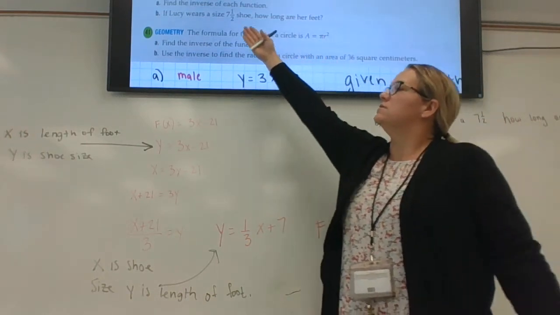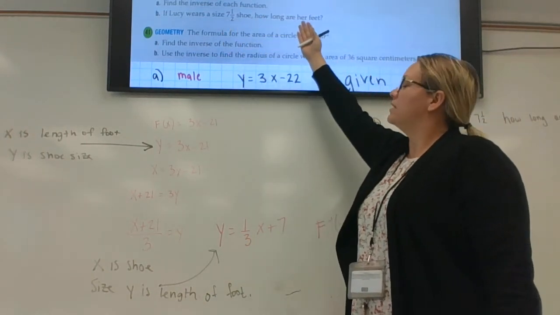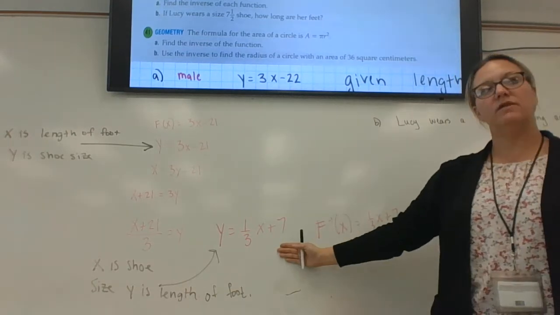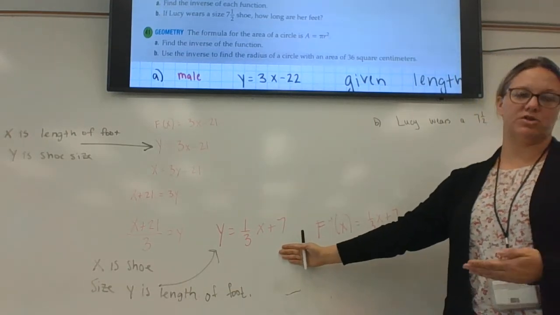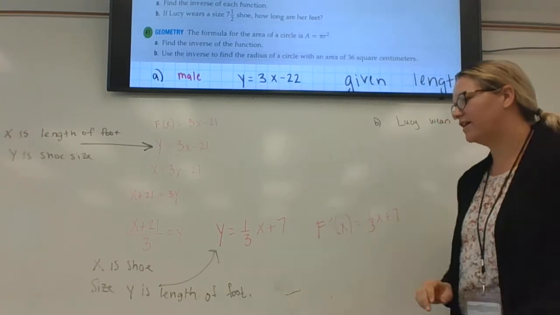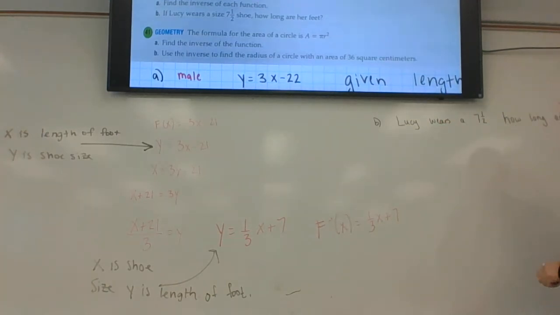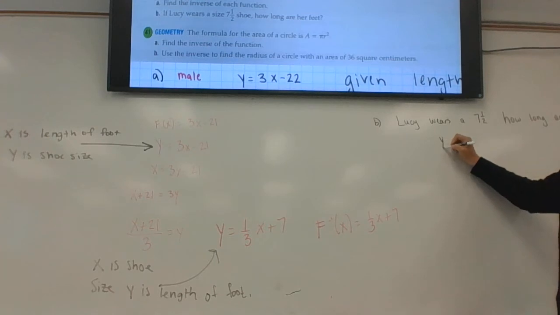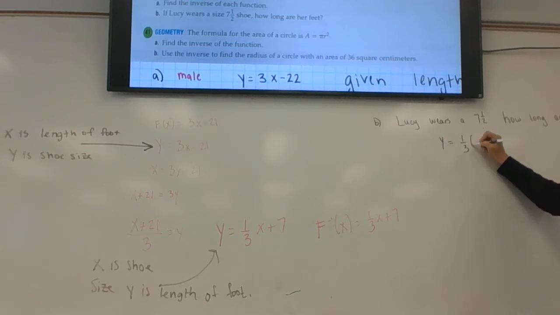Here, they told us Lucy's shoe size and they want to know the length of the foot. So we're going to pick the inverse because the inverse switched what was solved for. So plug 7.5 into here. And this will tell you Lucy's foot length.